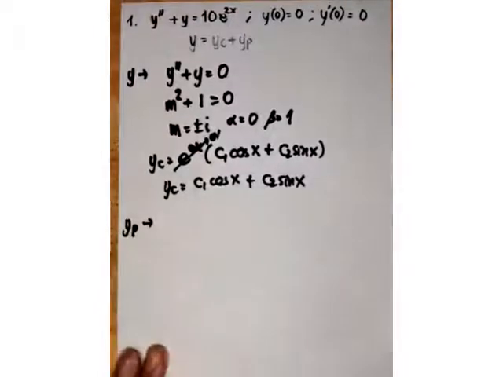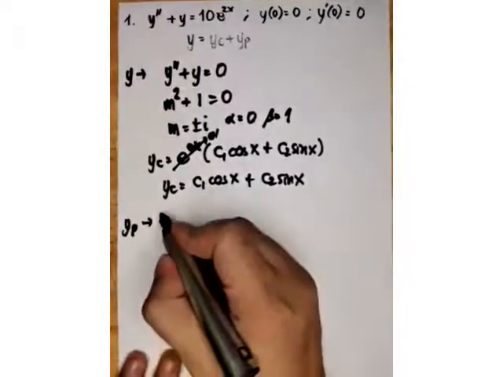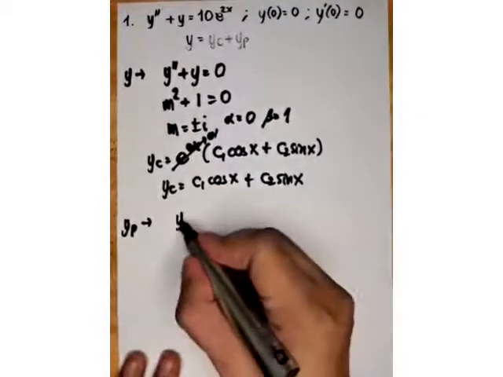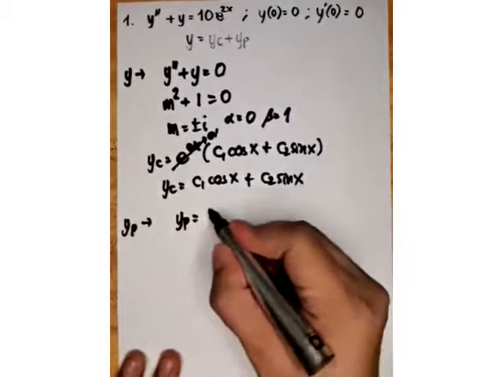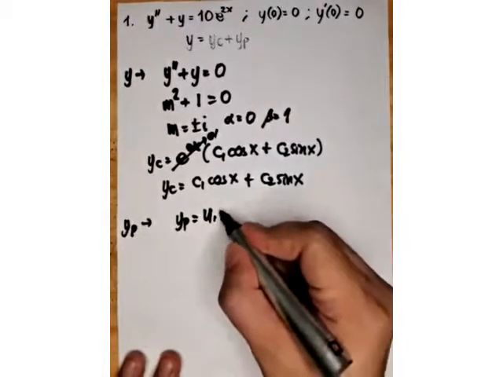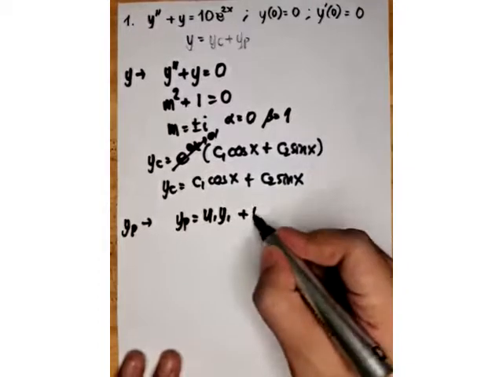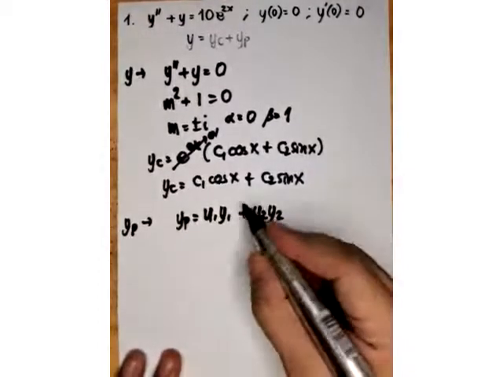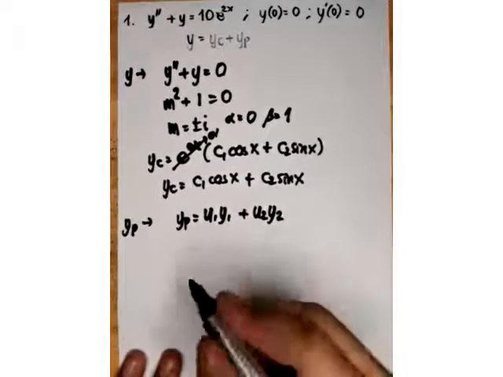Okay? Next, now let's get the y sub p. Ang sabi, yung gamitin natin is variation of parameters. So for variation of parameters, ang y sub p natin ay equal sa u1 y1 plus u2 y2. But remember, u1 and u2 depend on yc.